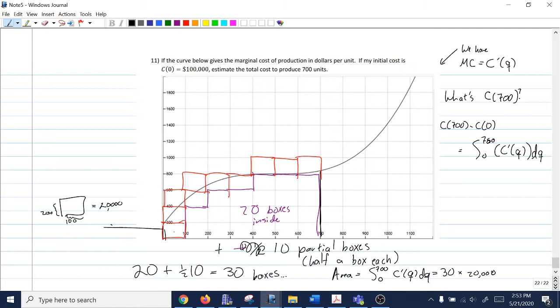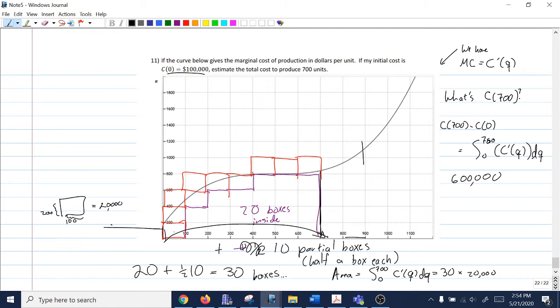Dollars? Are those the units? Yeah, because it's dollars per unit times units makes dollars. Is 6 with 5 zeros after it, 600,000. So the total change between 0 and 700 was 600,000.